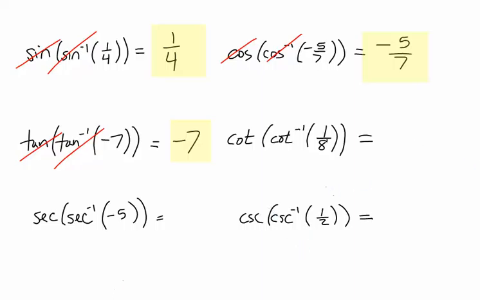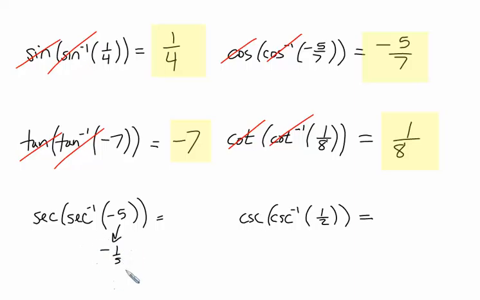Same deal would go for the cotangent problem, so don't get caught off guard here. The domain of inverse cotangent is all real numbers, so we should certainly be allowed to plug in +1/8, meaning the cotangent and its inverse cancel. Now down here, if we want the secant to be -5, we want to figure out which point on the unit circle has an x-coordinate of -1/5, because the reciprocal of -5 is -1/5.